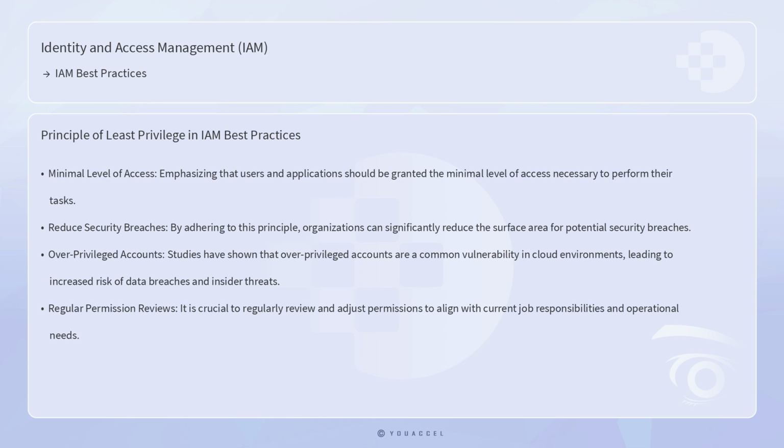For instance, if a user only needs read access to a particular S3 bucket, granting them full administrative privileges would be an unnecessary risk. Studies have shown that overprivileged accounts are a common vulnerability in cloud environments, leading to increased risk of data breaches and insider threats. Therefore, it is crucial to regularly review and adjust permissions to align with current job responsibilities and operational needs.